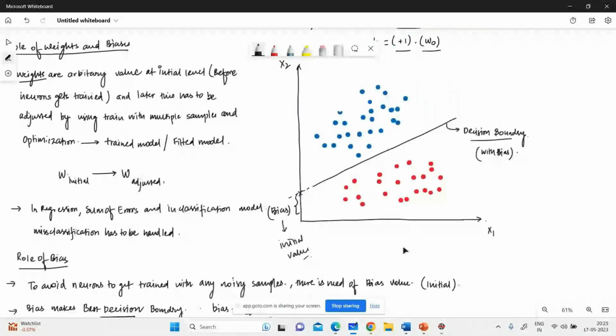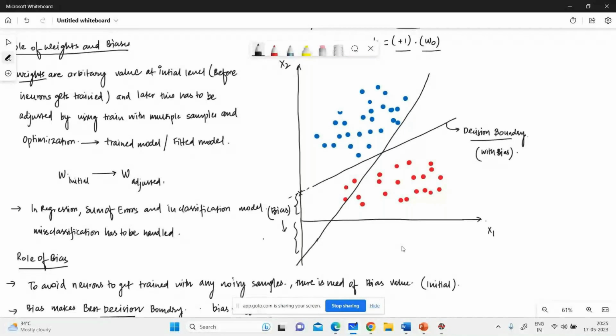Let's say this is my new model or decision boundary. If this is my decision boundary, then where will my bias be? This will be my bias. Oh, sorry, then bias will be somewhere here. In that case, it will be the bias.